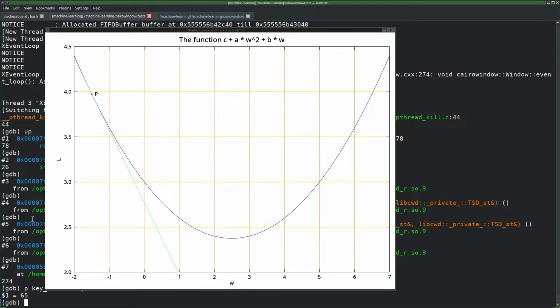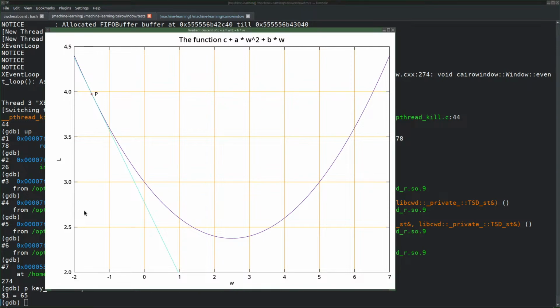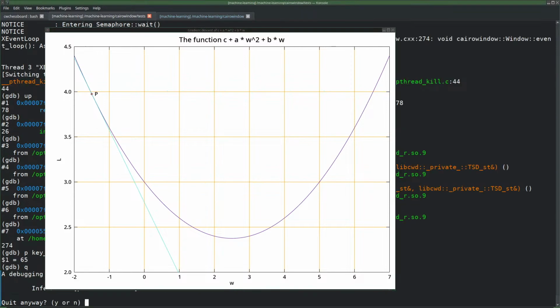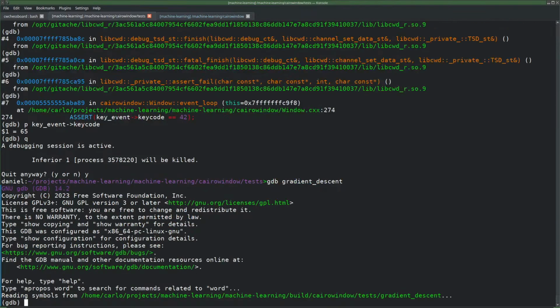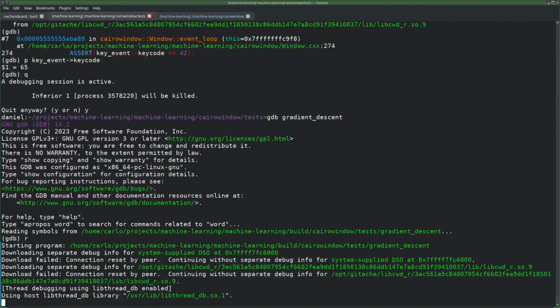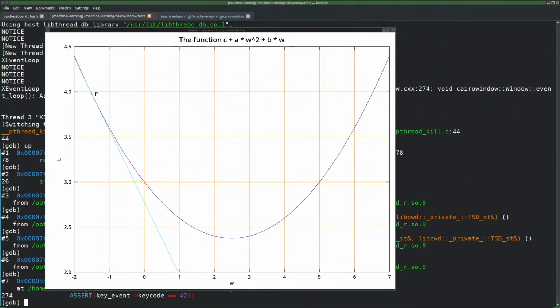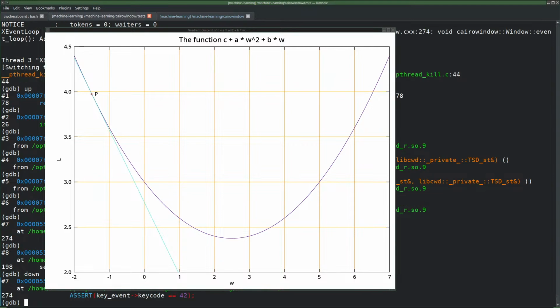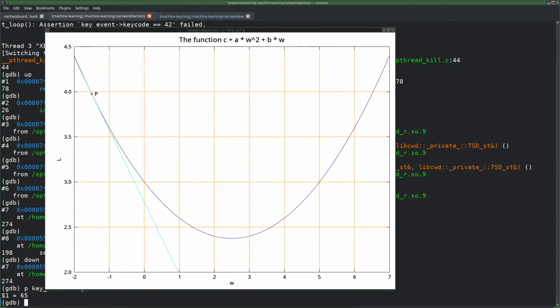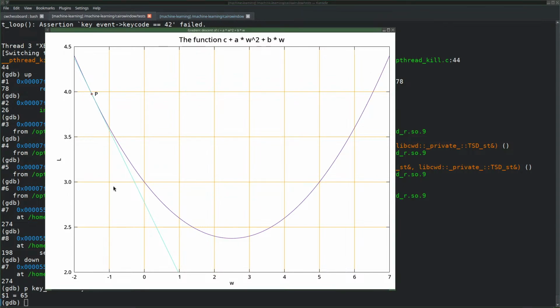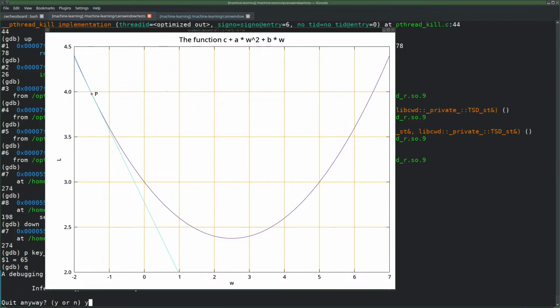Run, that's the left space key. Oops. Also 65, so that's actually the same key in every way.